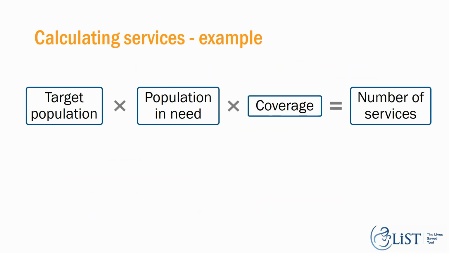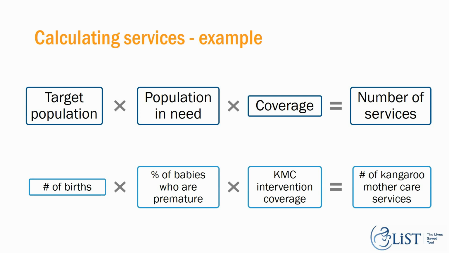So to dig a little bit more in detail, to find that number of services, it's actually just a simple multiplication between those first 3 points that we had on the previous slide. We're multiplying the target population times the population in need times the coverage, and that will give us the number of services. So that you have a more concrete idea, using an example here for kangaroo mother care services, the target population will be the number of births, so in total, how many people are being born.